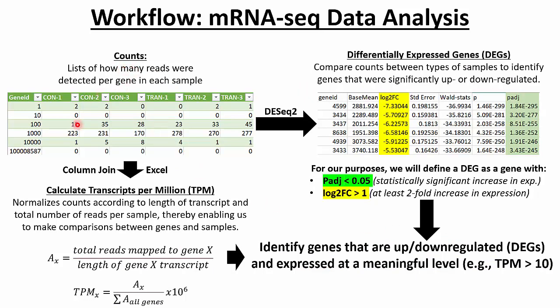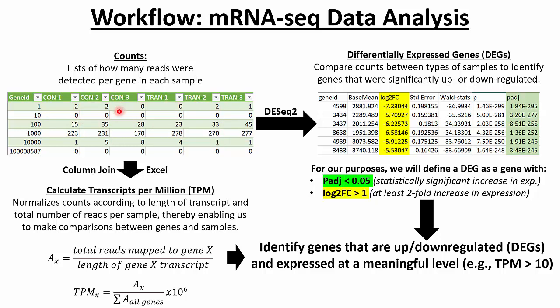So for example, I'll show you here in this video how to use these counts with a tool called DESeq2 to identify differentially expressed genes. So these would be genes that are expressed at a statistically significant higher level in one sample relative to the other.